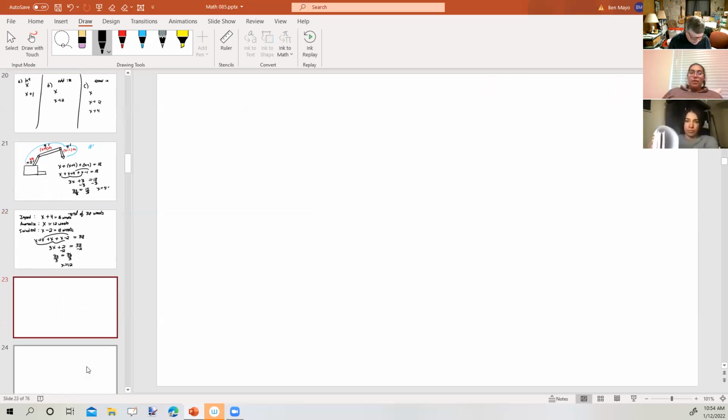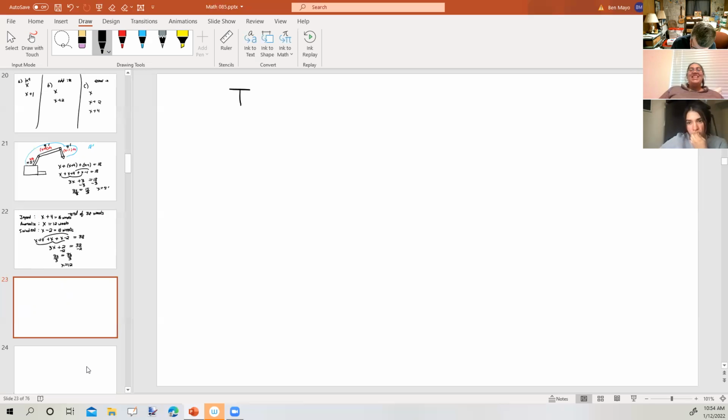New problem. This says waste disposal. 2 tanks hold a total of 45 gallons of a toxic solvent. 1 tank holds 6 gallons more than twice the amount in the other. How many gallons does each tank hold?